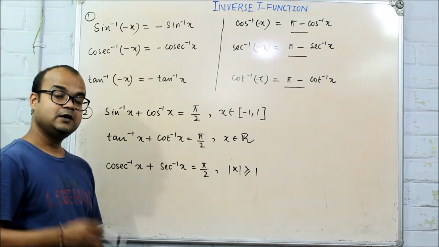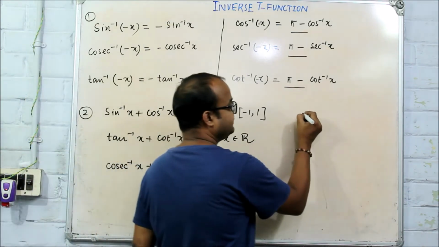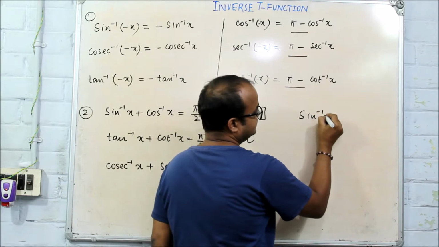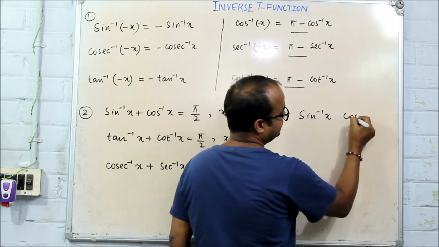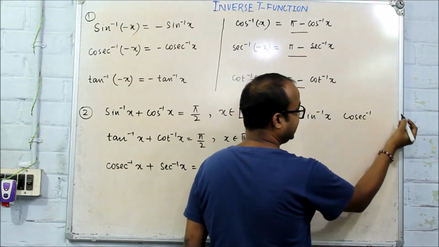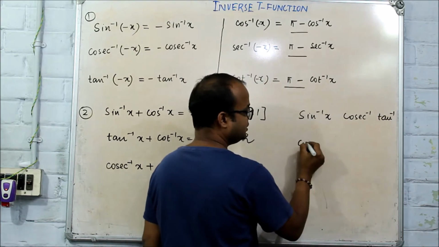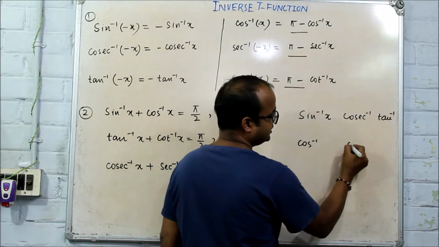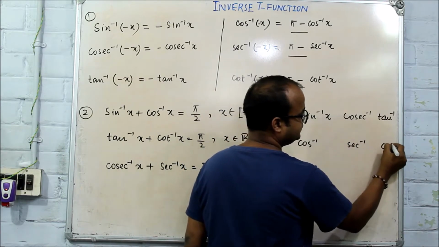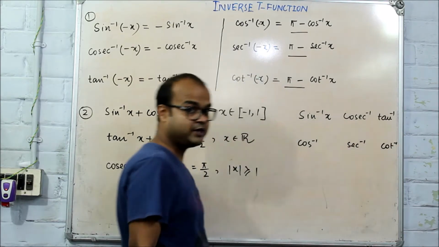Now see, we form the triplet as sine inverse, cosec inverse and tan inverse. Next is cos inverse, sec inverse, cot inverse, to remember our range.